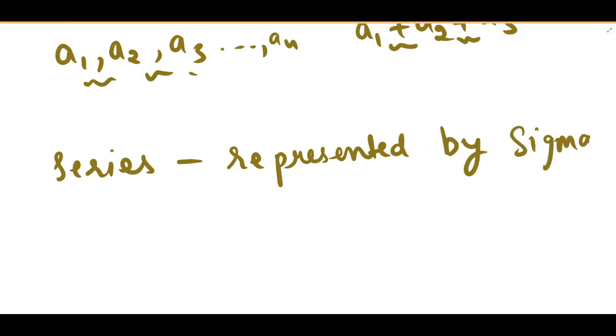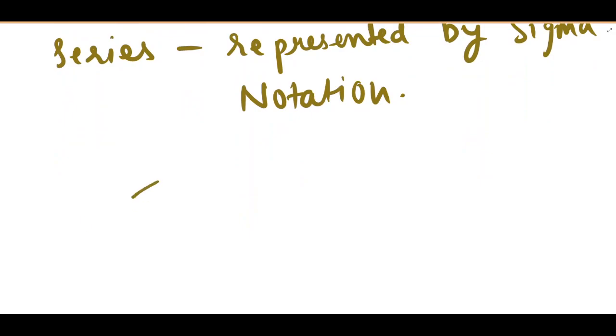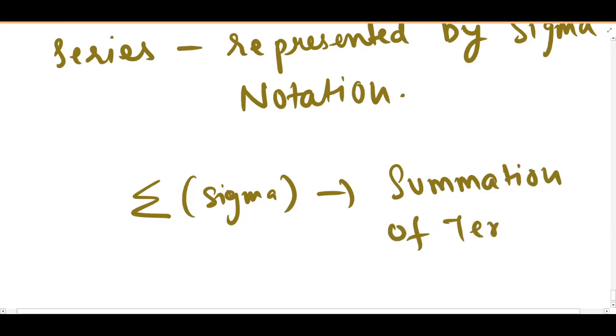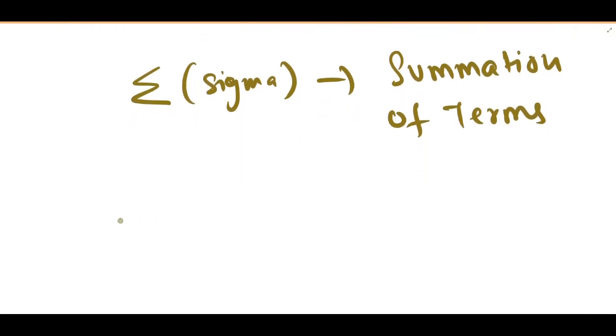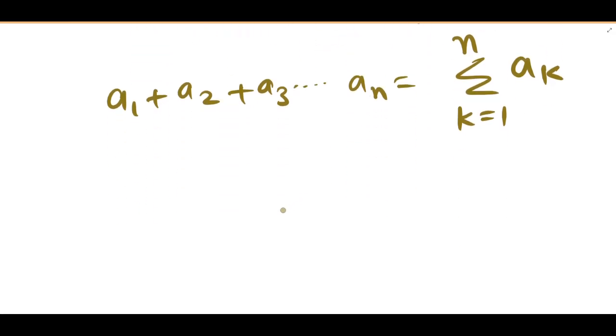Sigma means summation of terms, that is a1 plus a2 plus a3 and so on up to an is equal to the summation from k equal to 1 to n of ak.